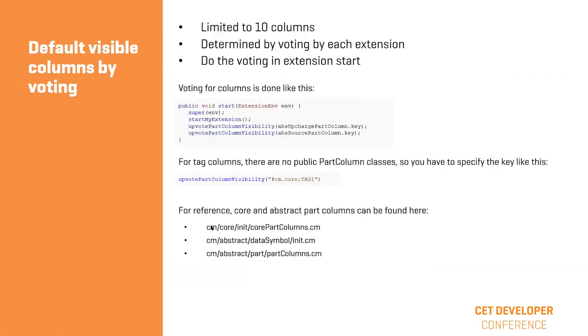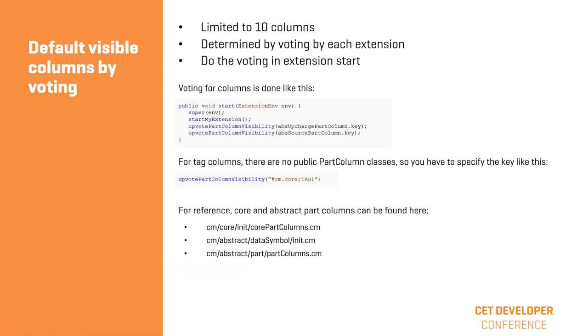And the last thing we've done is to introduce a voting system. This means that if you run multiple extensions, these extensions have a say in what columns should be visible. So each extension can upvote the visibility for a specific column.